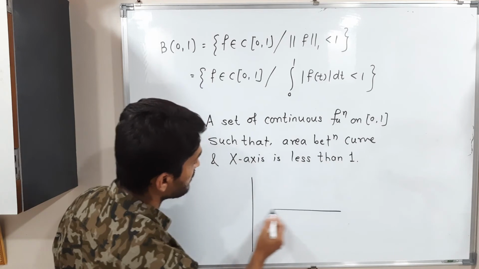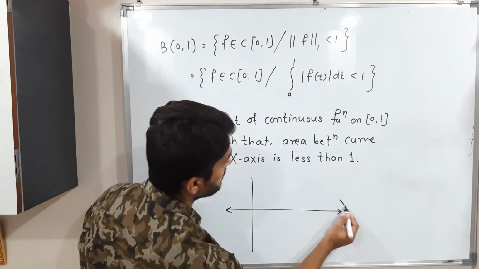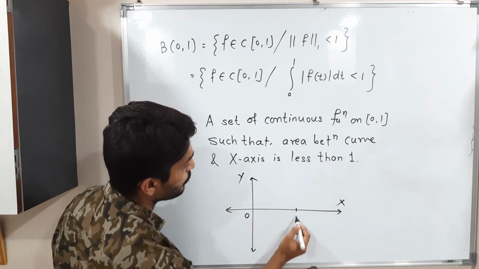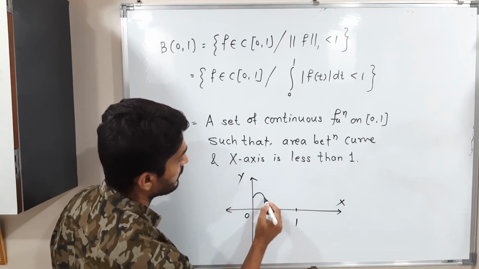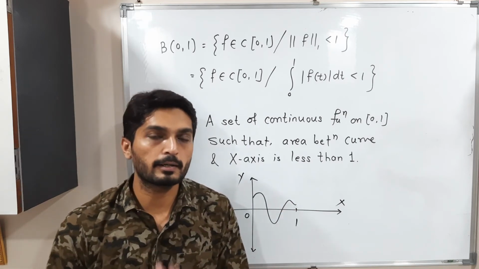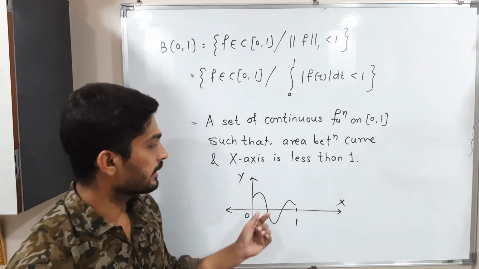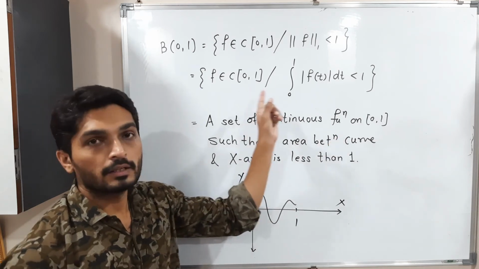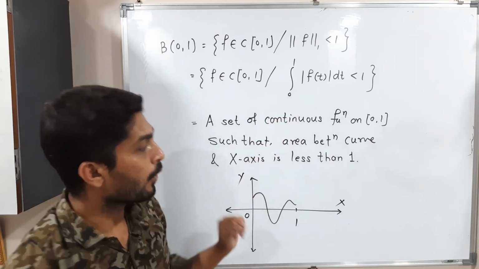This is the x-axis and this one is the y-axis, and we have 0 to 1. If you have a curve like this, it is 100% continuous on closed interval 0 1, so it satisfies the first condition. When you take a mod, what will happen?